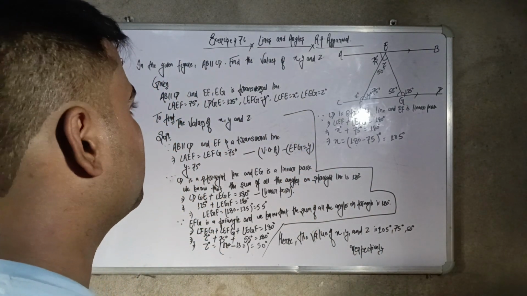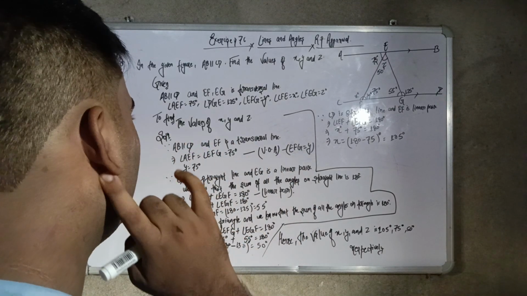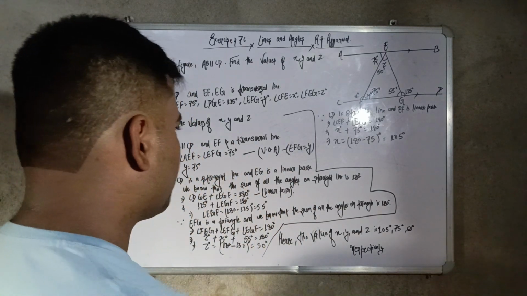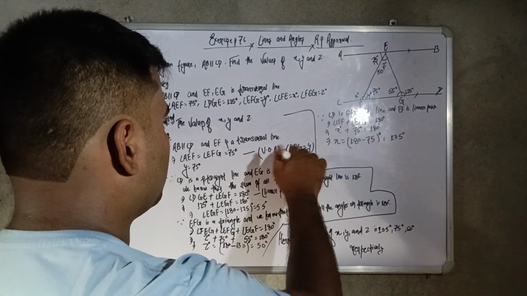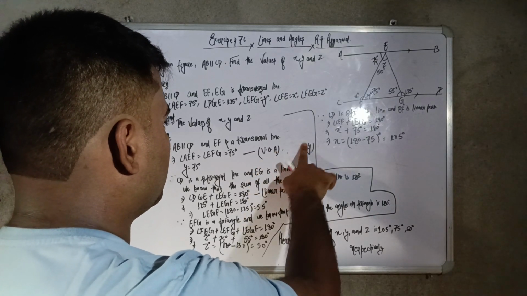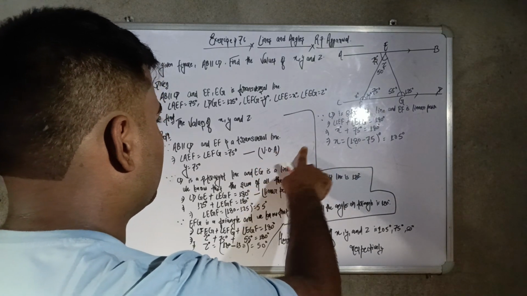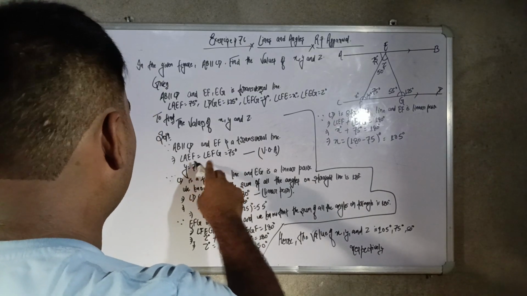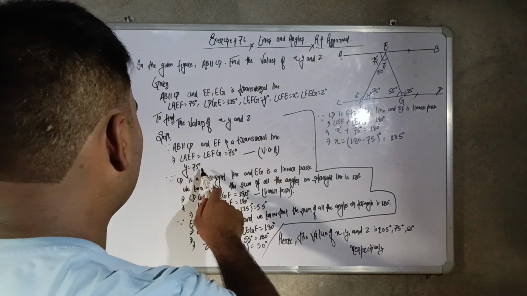It means that in this question we use vertically opposite angles. This is not written here, because the value of y is already given.